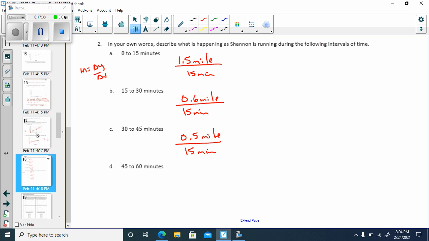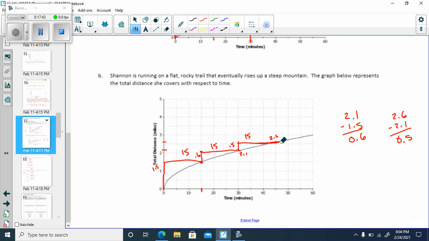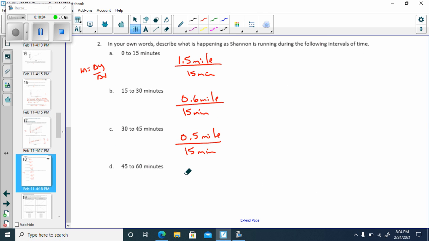Okay, let's look at from 45 minutes to 60 minutes. Let's see what her rate would be. She's at 2.6 here. Now we're going to 60 minutes, which is at 3. So about 2.6 to 3. Okay, 3.0 minus 2.6 would be 0.4, 4/10 of a mile in 15 minutes. So now she's running this last little piece.